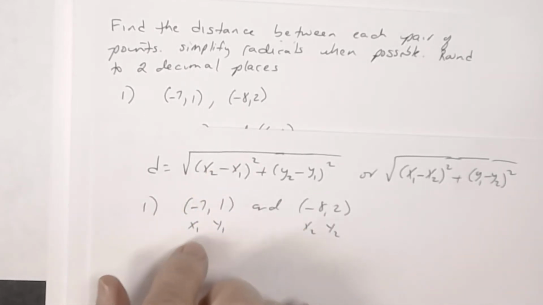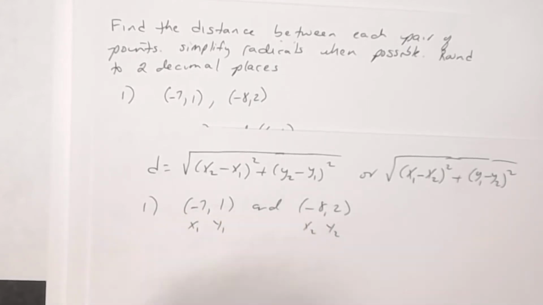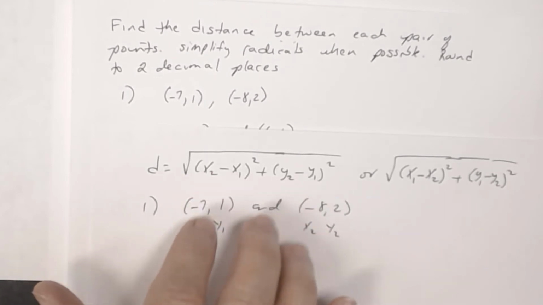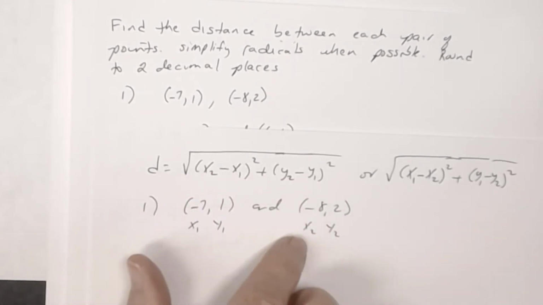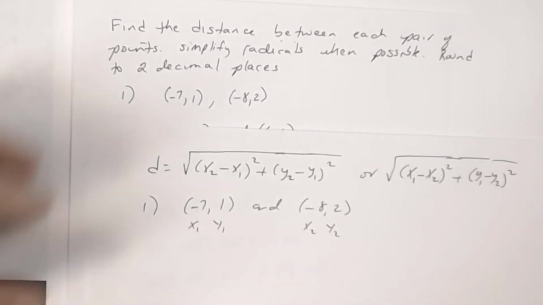All right, so you can say negative 7 minus a negative 8, or you can say negative 8 minus a negative 7. Does not matter at all. But since the formula is there, most students prefer to go ahead and label these first and then just plug in what they see. Okay, so let's go ahead and do that.